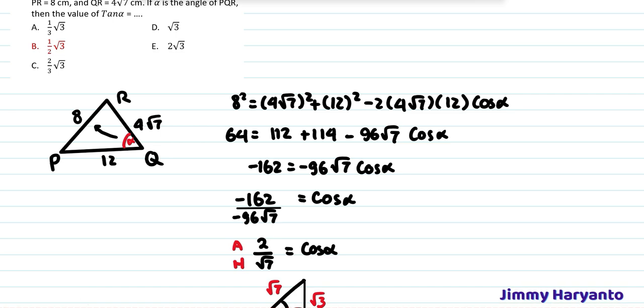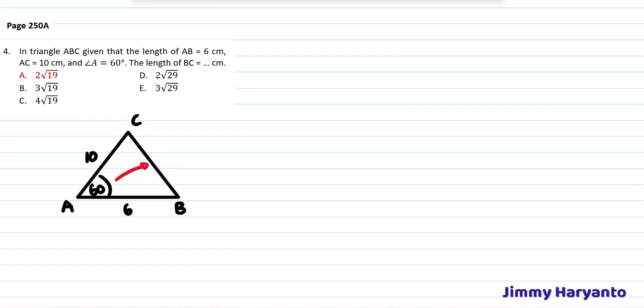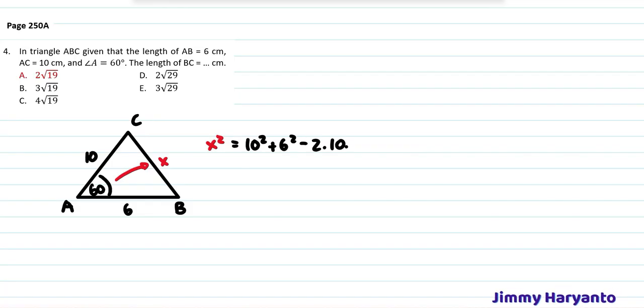Okay, B. And then next one, question 4, we have triangle ABC, and the length of AB equals 6, the length of AC equals 10, the angle of A is 60. Find the length of BC. Okay, we only have one angle, so that means cos rule, x squared equals 10 squared plus 6 squared minus 2 times 10 times 6 times cos 60.